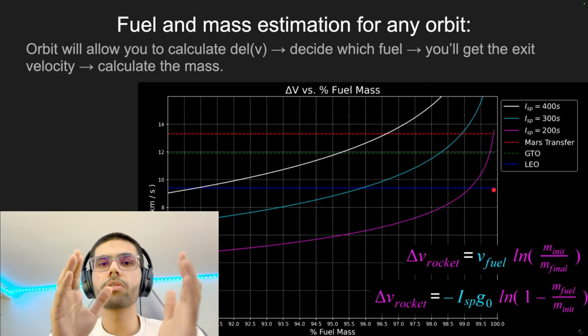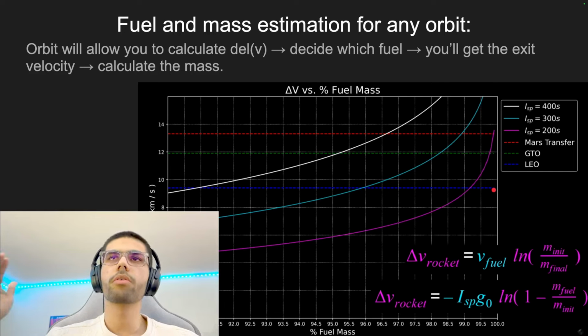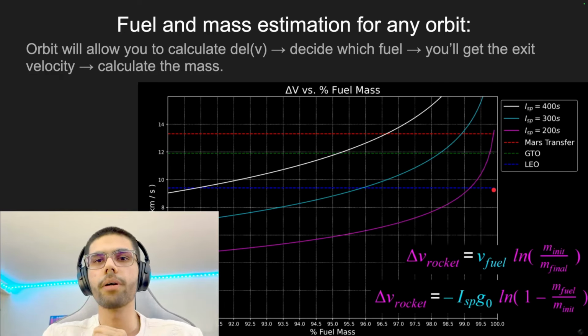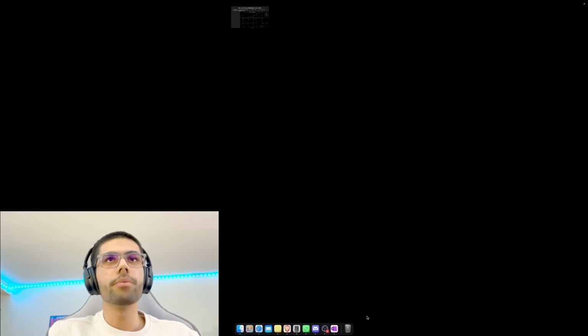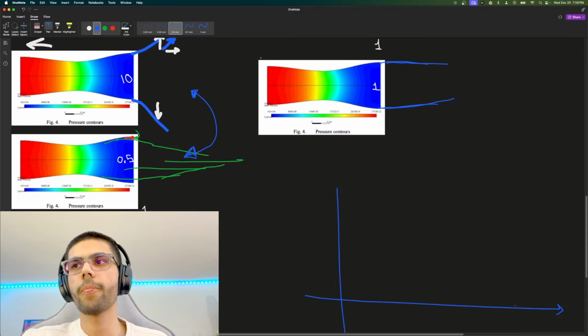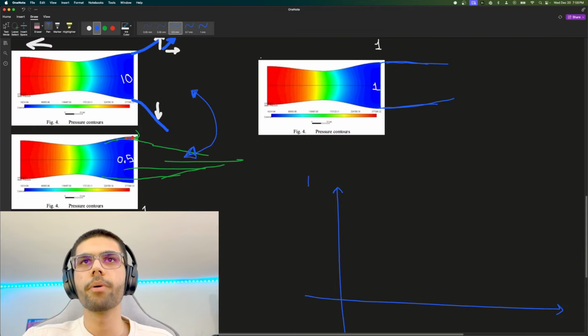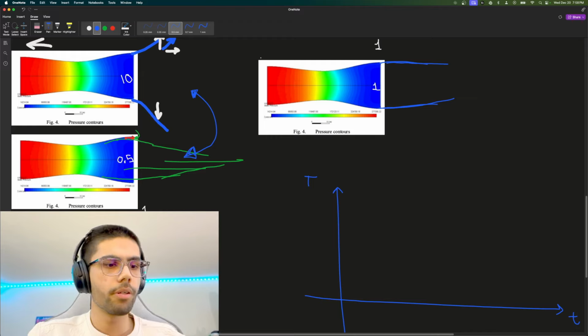So even if you produce that much thrust for a really long time, you're not going to reach much height. Let me show you a graph. Imagine this is your thrust and this is your time axis. So say for example, you have a rocket here.